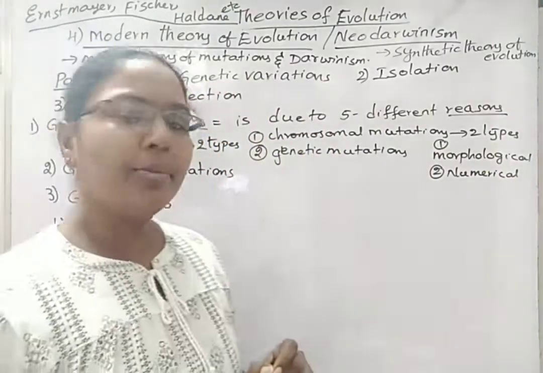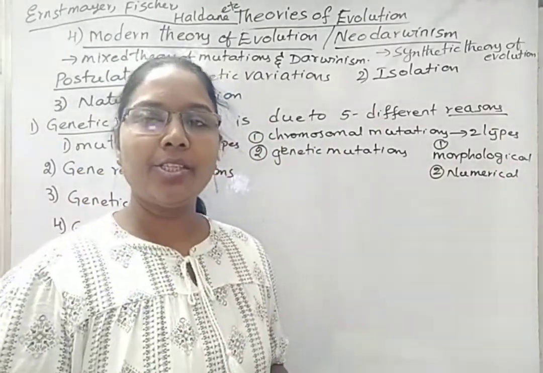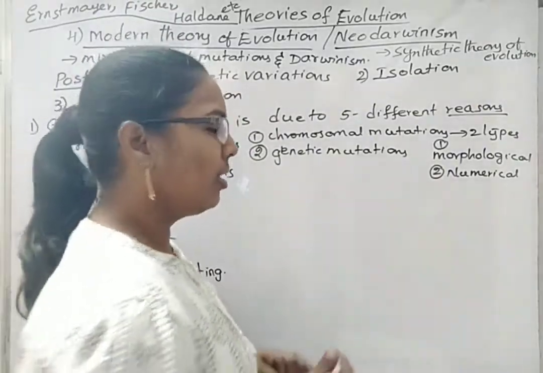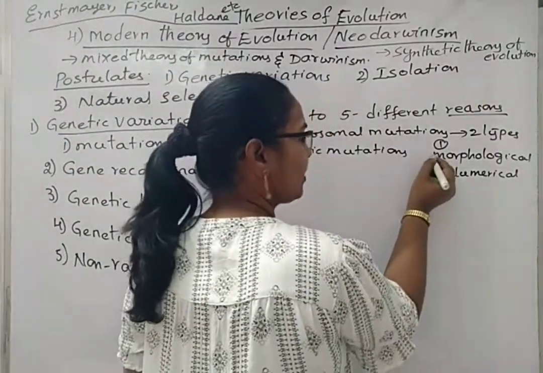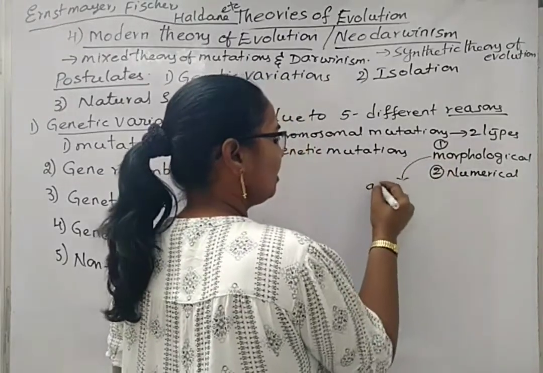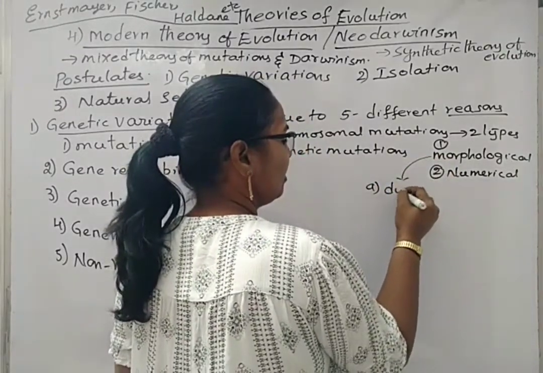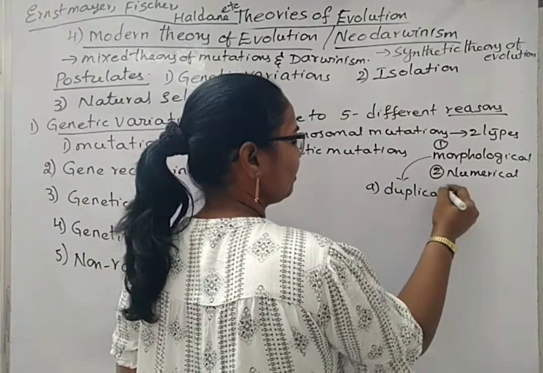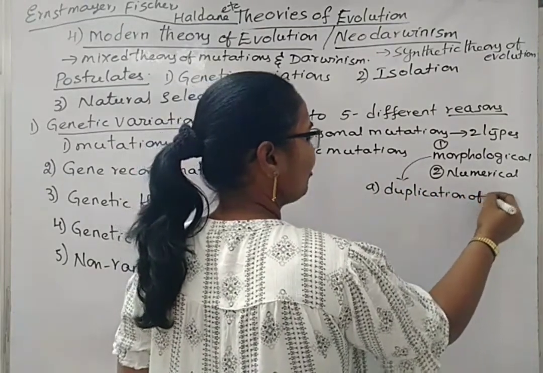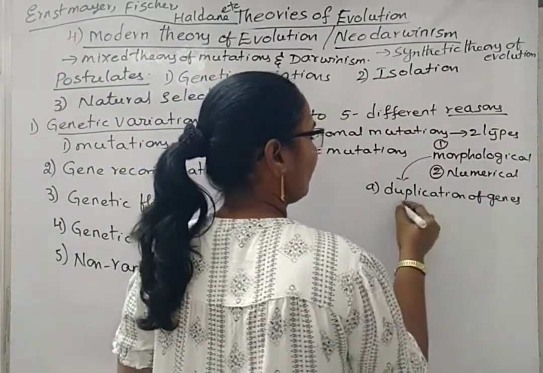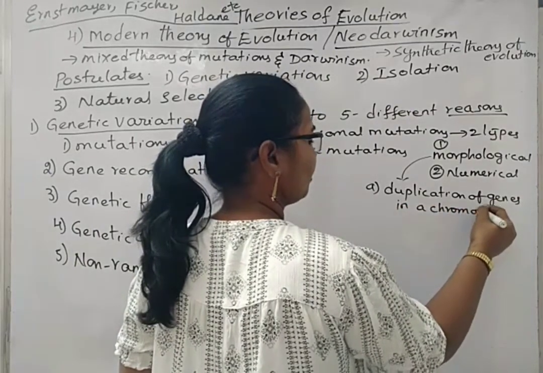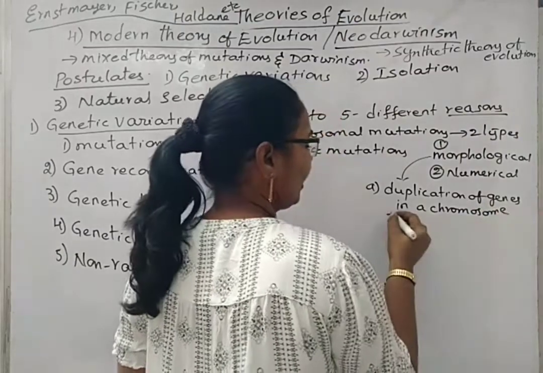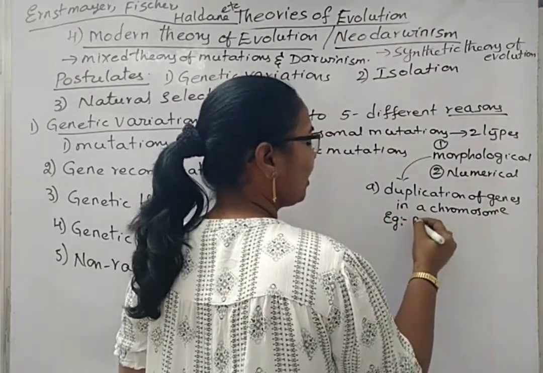Under morphological mutations, we can see addition, deletion, or duplication of genes. Here we see duplication of genes inside a chromosome. Here we can take the example of bar eye syndrome.